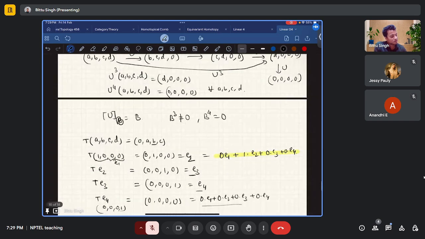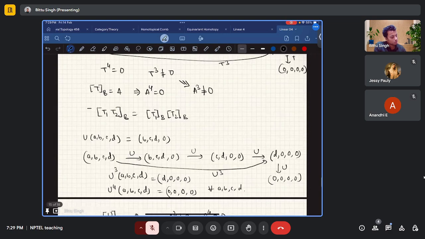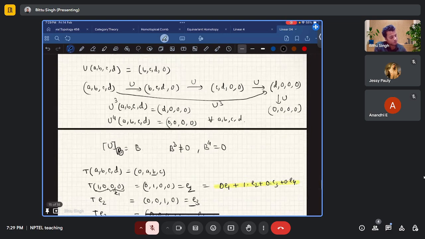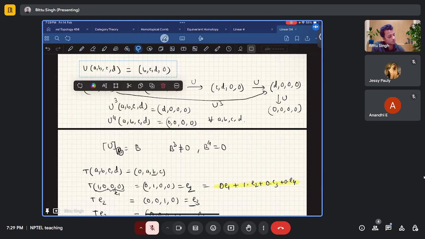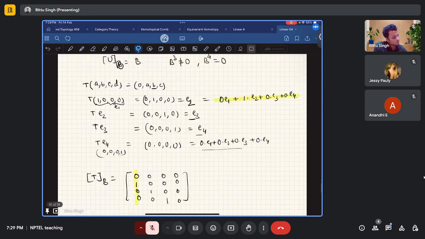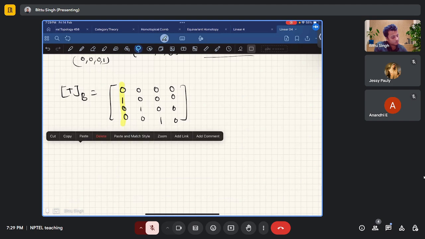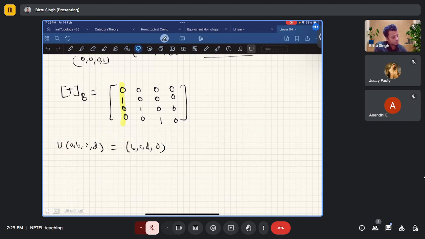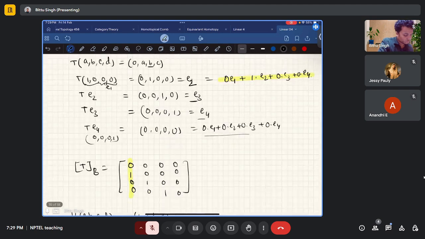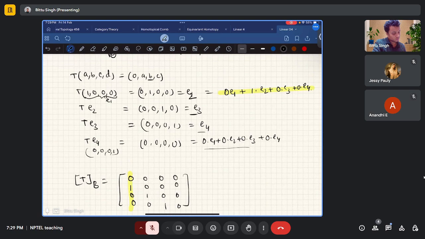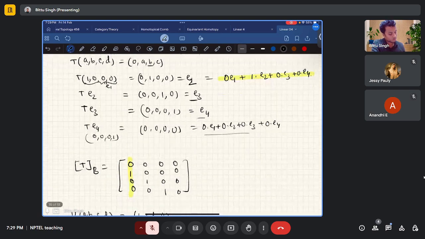And similarly, we need to find the matrix representation of U with respect to this given basis. So if we write U, it is clear, right? You don't even need to do those steps; you can simply see those things from here.